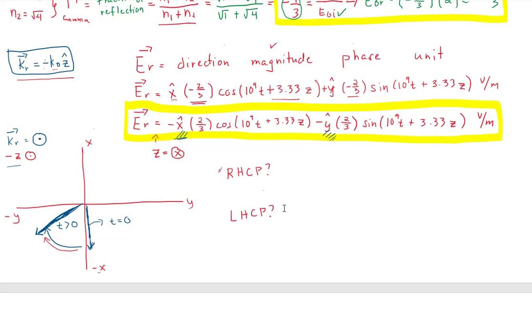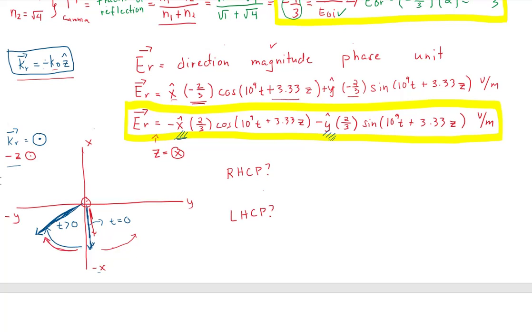Let me stick my right thumb out of the page, and let me rest my fingers along the negative x-axis, because that's where initially we're going to start. And if I curl my fingers using the right hand, I find out it curls this way, which is obviously not the movement that we need, because we need it to go this way.